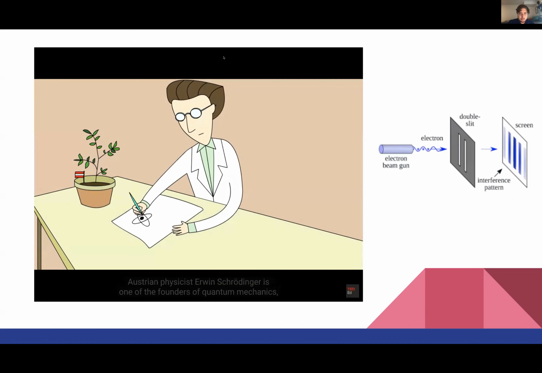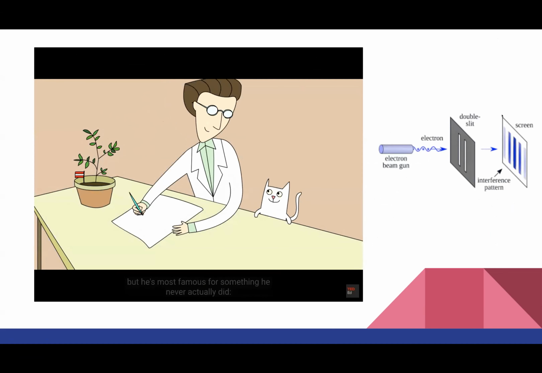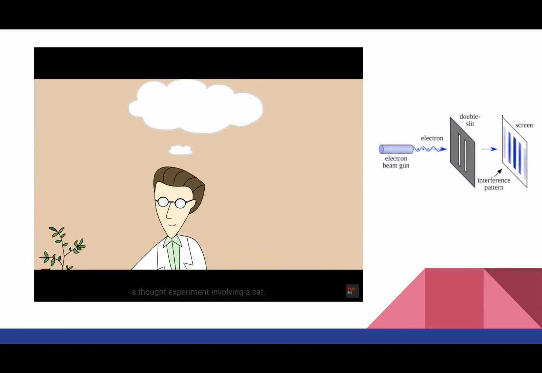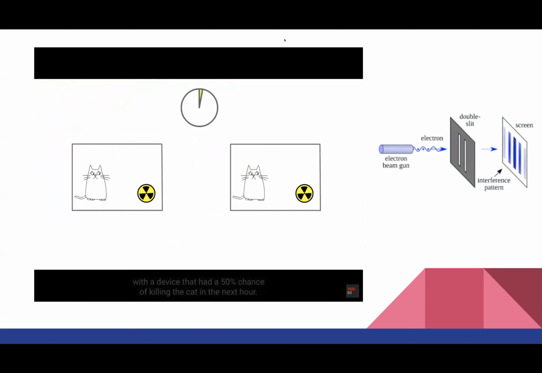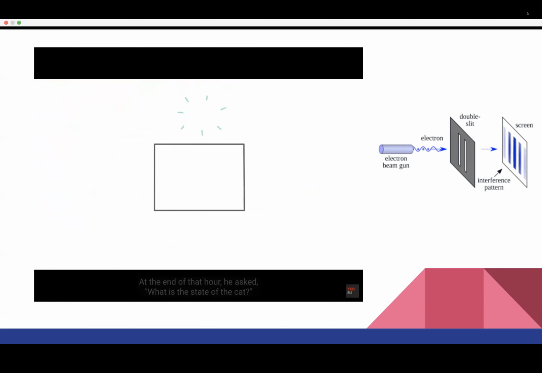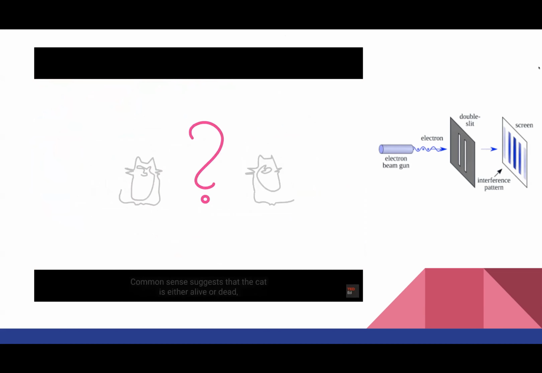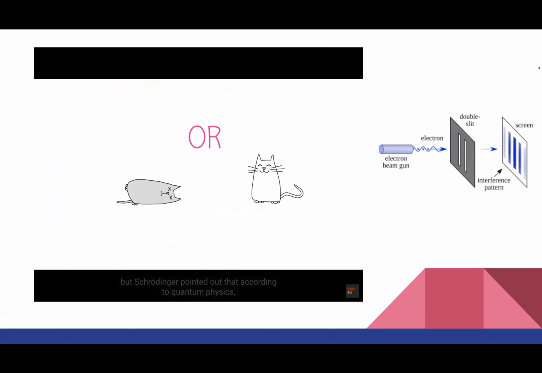Austrian physicist Erwin Schrodinger is one of the founders of quantum mechanics, but he's most famous for something he never actually did, a thought experiment involving a cat. He imagined taking a cat and placing it in a sealed box with a device that had a 50% chance of killing the cat in the next hour. At the end of that hour, he asked, what is the state of the cat? Common sense suggests that the cat is either alive or dead, but Schrodinger pointed out that according to quantum physics, at the instant before the box is opened, the cat is equal parts alive and dead at the same time.